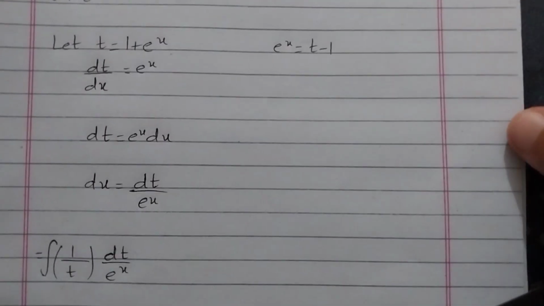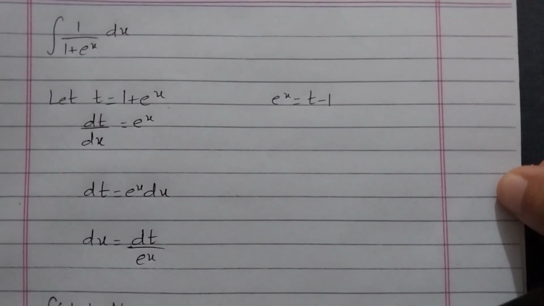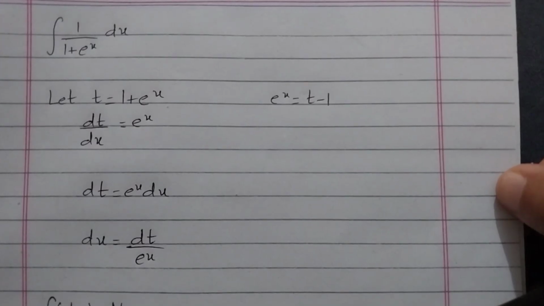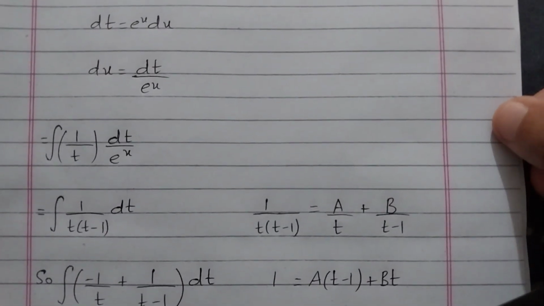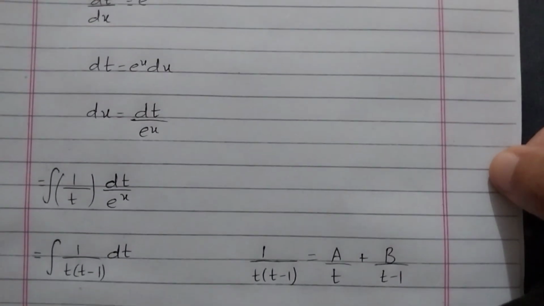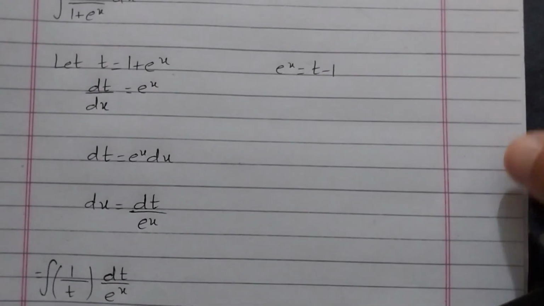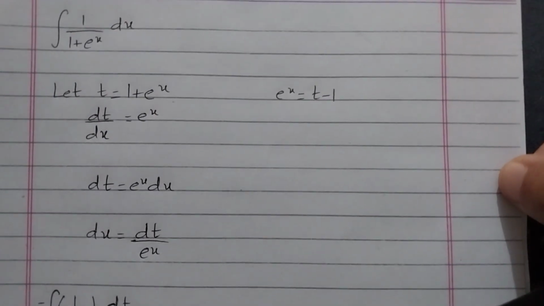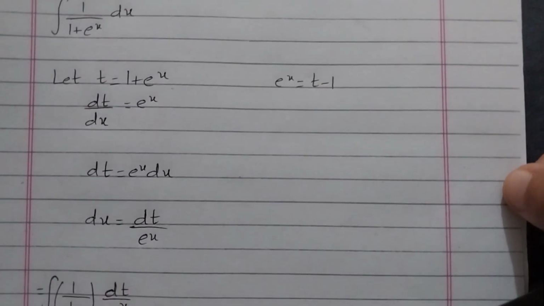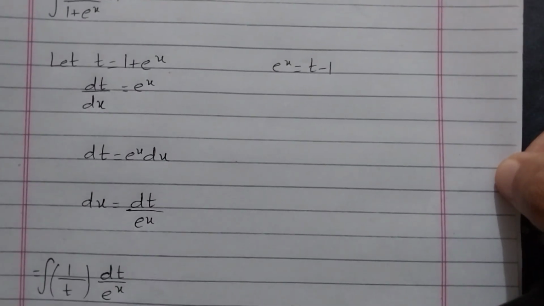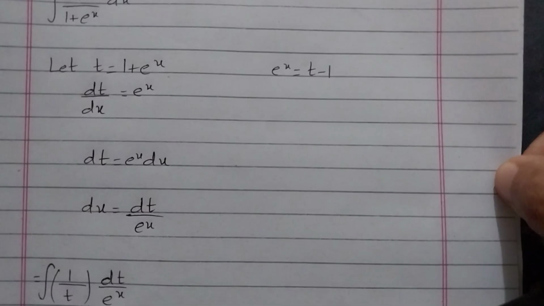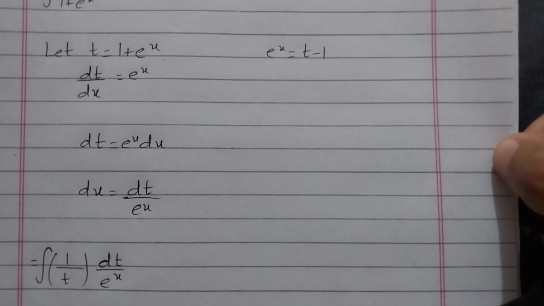Our original expression was 1 over 1 plus e^x, and we call 1 plus e raised to power x as t. So we are going to replace that with t. So this will become integral of 1 over t, plus we had dx written alongside, and dx is equal to dt over e^x. So this will become 1 over t into dt over e^x.